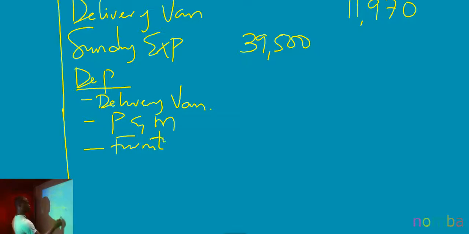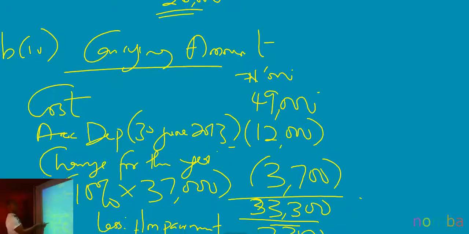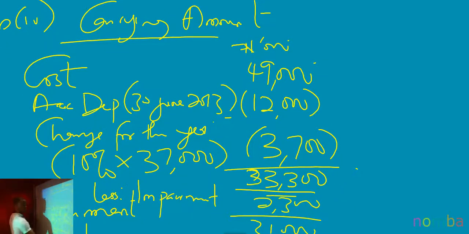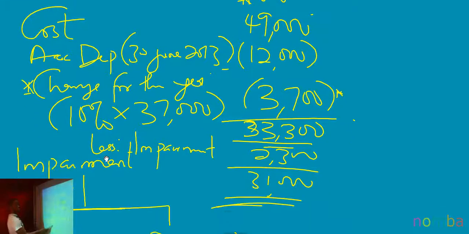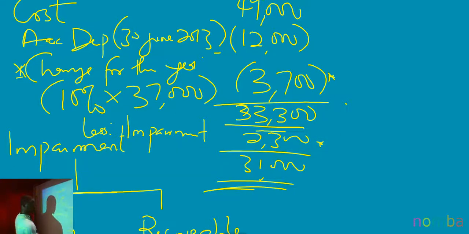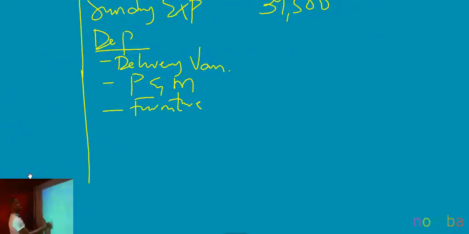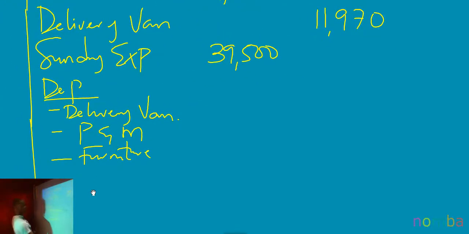And there was freehold land, but freehold land is not depreciated. Now for the delivery van, we determined the depreciation charge for the year as 3,700. And lest I forget, there was an impairment loss on the delivery van of 2,300. But let me go and pick the depreciation of 3,700. So it will be under admin and it's going to be 3,700.